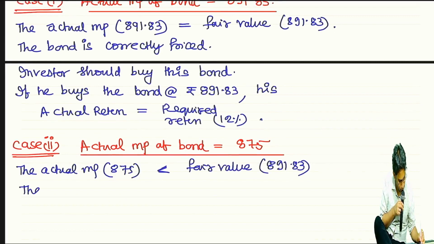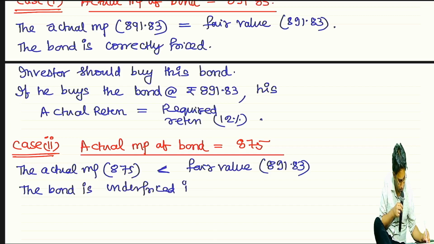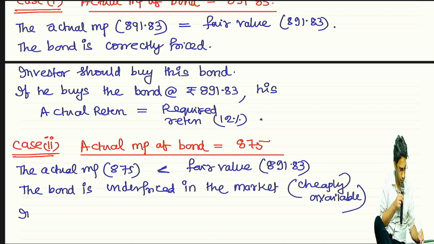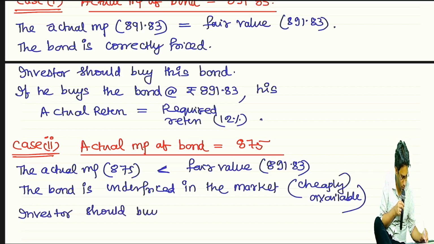Therefore, the bond is cheaply available, underpriced in the market. If something is cheaply available, you should go and buy the bonds. So investor should buy the bond.